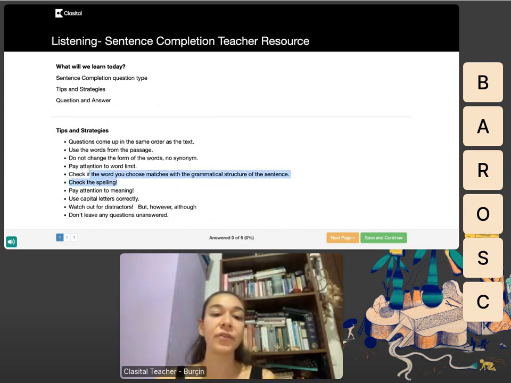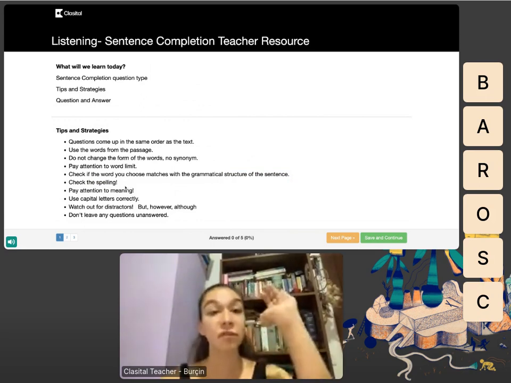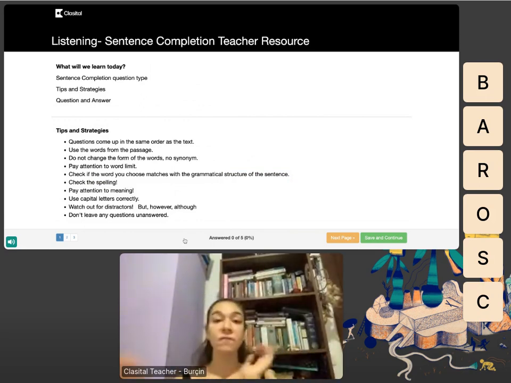Check if the word you choose matches the grammatical structure of the sentence. If the blank is asking for a noun, and I write a verb, my answer will be wrong.